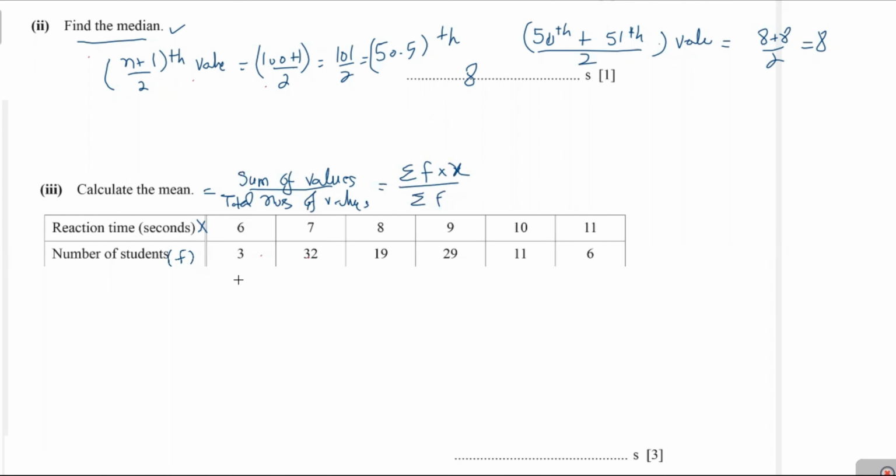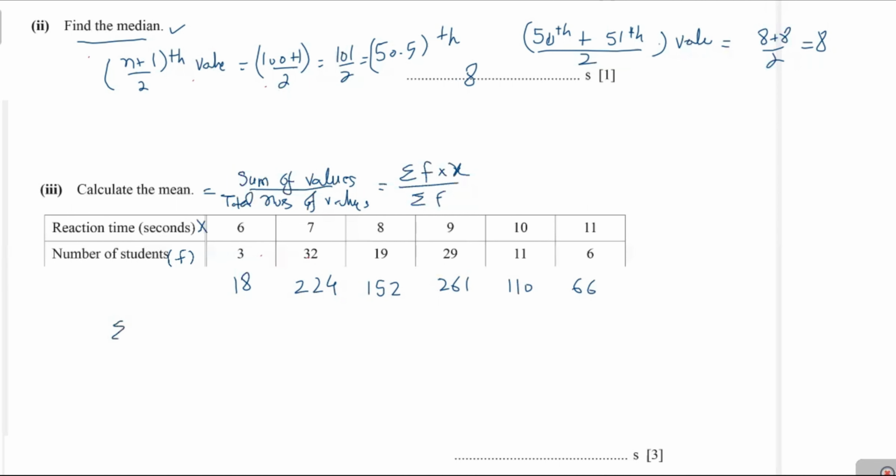You see here 6 times 3 is 18. 7 times 32 you get 224. 8 multiplied by 19 is 152. 9 times 29 will be equal to 261. And 10 times 11 is 110. And 11 times 6 is 66.